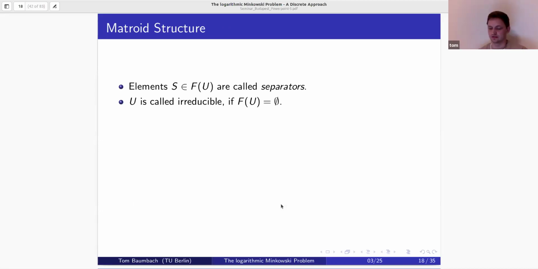Due to that connection, we can try to use some matroid structure, and we use this matroid structure on the separators. An element contained in the set F(U) is called a separator, and the set U is called irreducible if F(U) is empty.